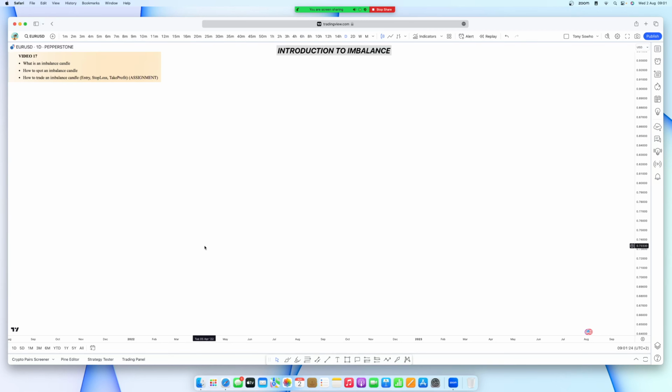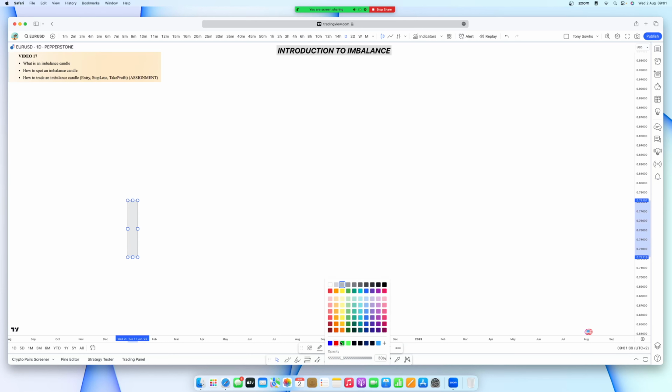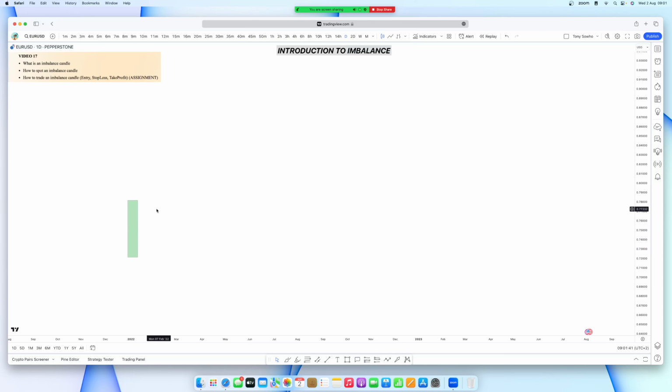So now I'm going to show you this. Let's say we do have this candle. We have this candle, and then we can change the color of this to green, and then we have another candle. Okay, let me say this one is a bearish candle.